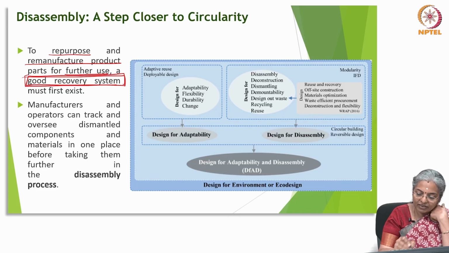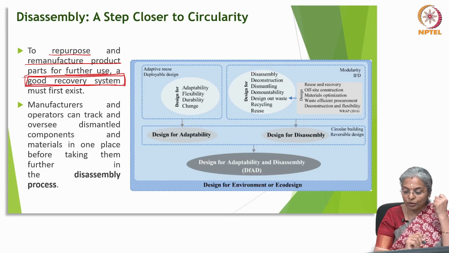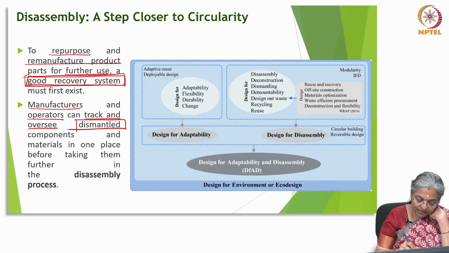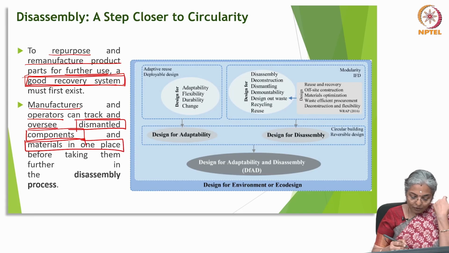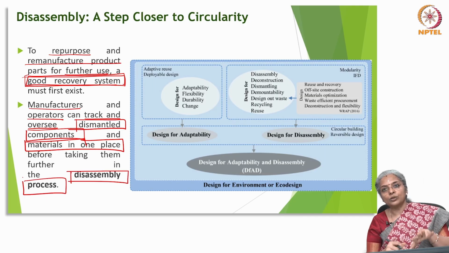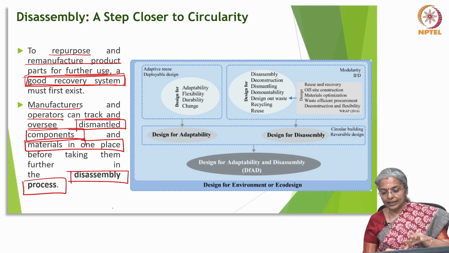This is a very, very important part. Also, manufacturers and operators should be able to track and oversee the components which you have dismantled and the materials in one place before taking them further in the disassembly process. So, these two are very important criteria.